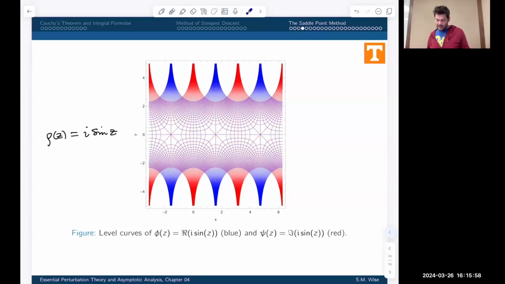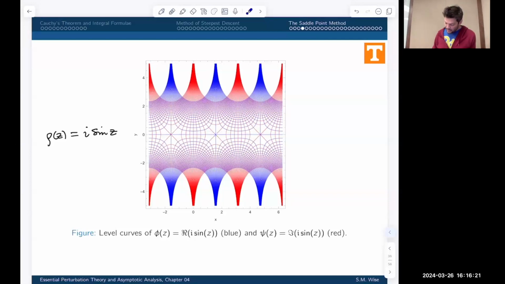So if I look at this diagram, and I'm going to come back to this a few times, let's look at this point here. This point here is pi over 2, so it's x equals pi over 2 and y equals 0. That's precisely going to be a saddle point of the function phi.